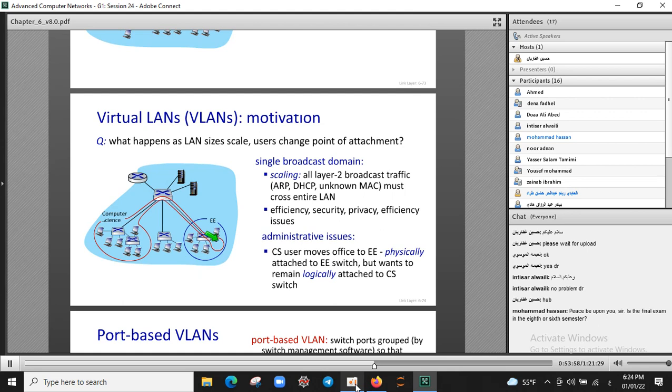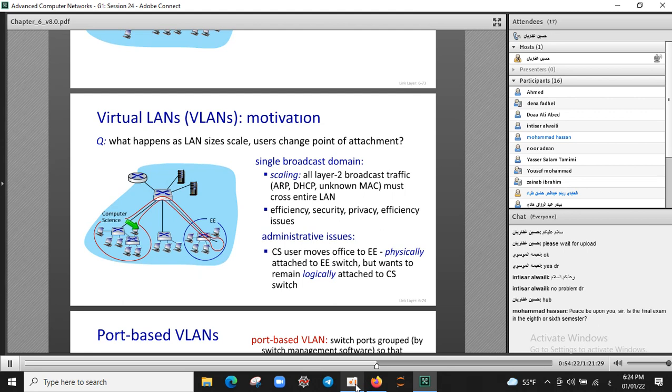What can I do? I can create a virtual LAN and add all of those computers, especially this one here in the EE, into this VLAN. Again, a VLAN is a virtual LAN, a logical LAN.